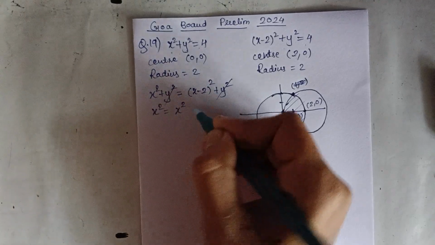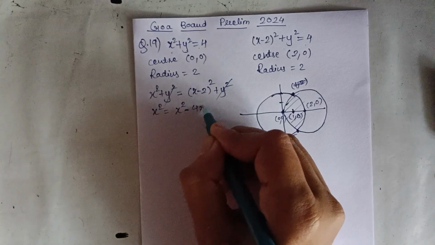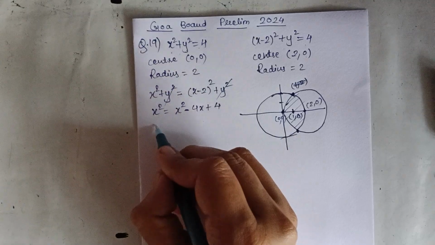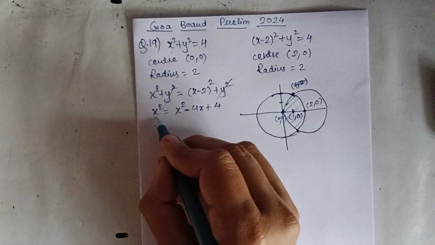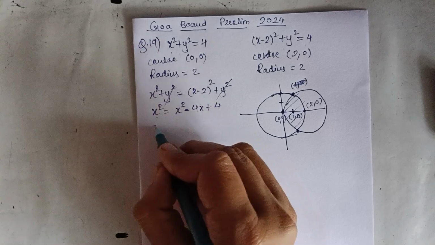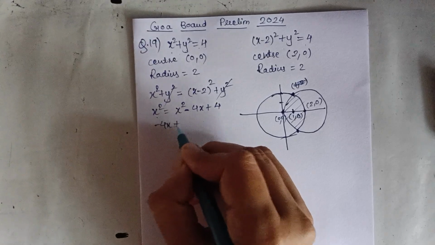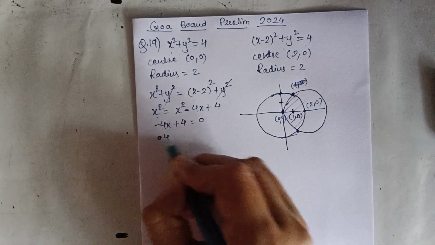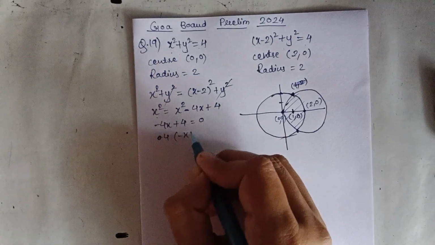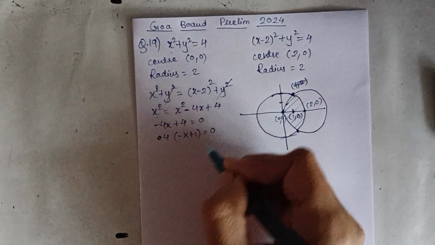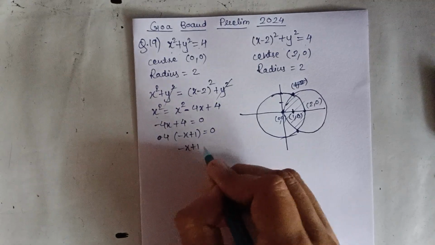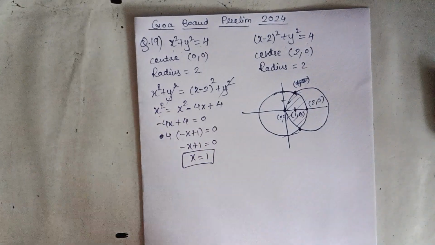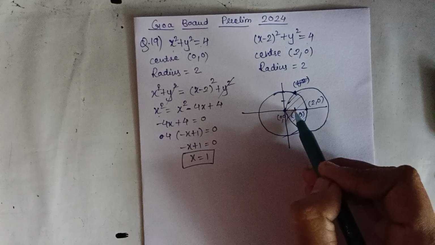Expanding this, x square minus 4x plus 4, a minus b the whole square. Then x square and x square also get cancelled. So we get 0, 4 you can take outside. So this is x equal to 1. This we knew, x is 1.